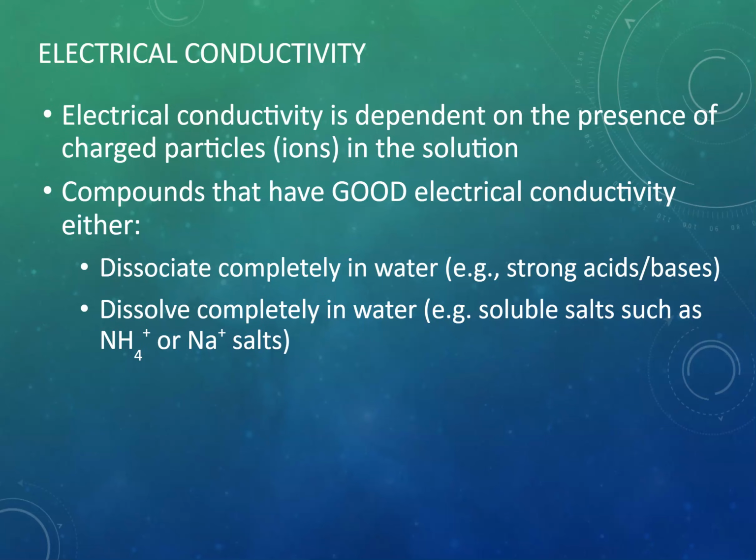Now, I've used those two terms where dissolving means to break up into ions and dissociate means to react with water to form hydronium or hydroxide ions. Those terms are used fairly interchangeably in different textbooks. I've just used those two words to differentiate between these two concepts.